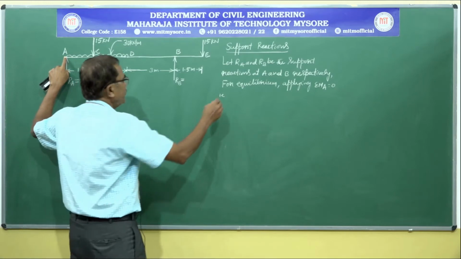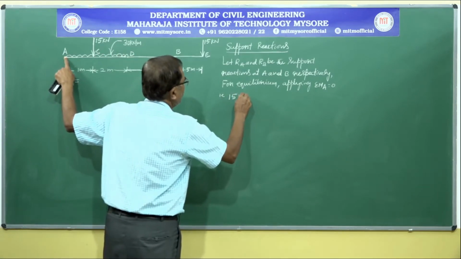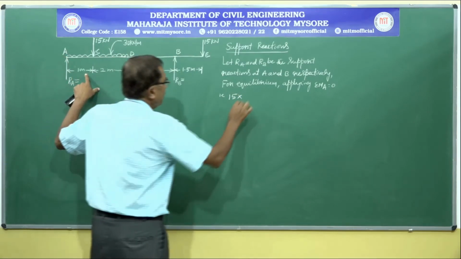If I consider the 15 kilonewton point load, it is creating clockwise moment, positive, 15 into its perpendicular distance, which is 1 meter.